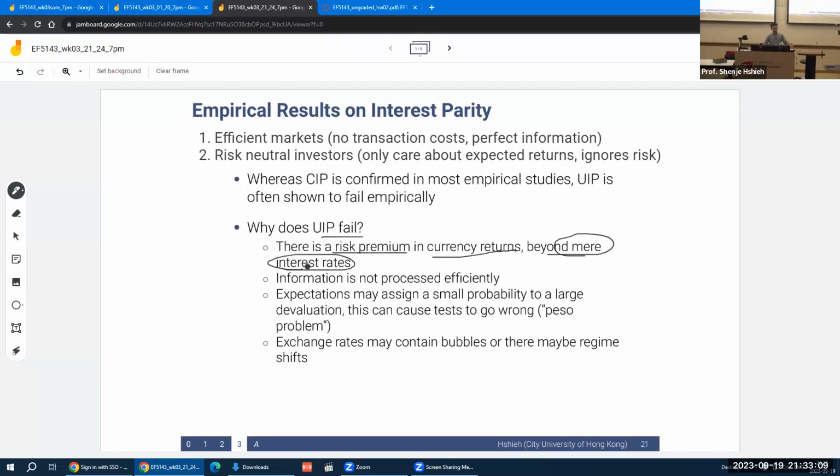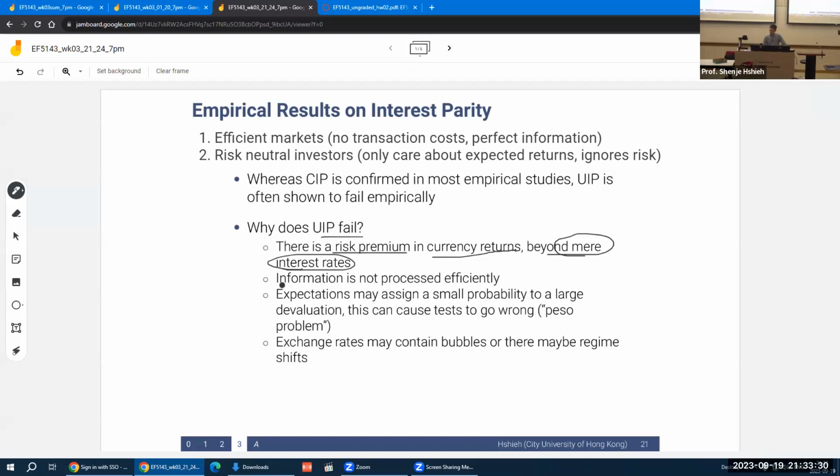Even if Argentina says they'll pay 10% interest, the likelihood that they actually follow through is not 100%, and you need compensation in order to adjust the UIP equation to make sense. We'll talk about that later.